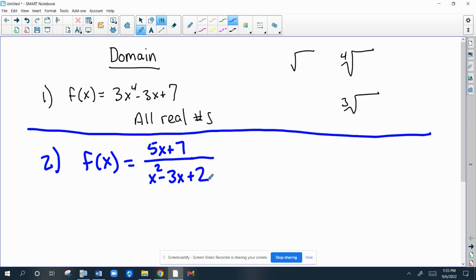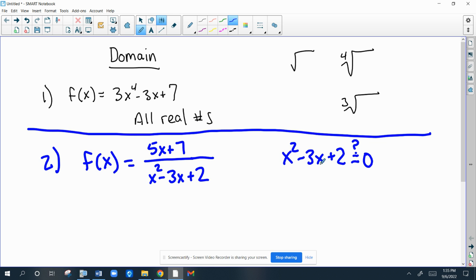Well, there's no radicals, so don't worry about that, but you cannot divide by zero. So this is a division problem. You cannot divide by x squared minus 3x plus 2 if that equals 0. So your goal here is to figure out, where does x squared minus 3x plus 2 equal 0? Because I want to avoid that. You can't divide by 0.